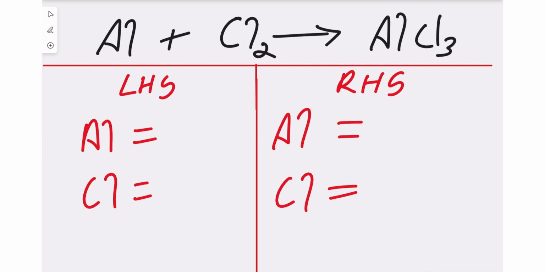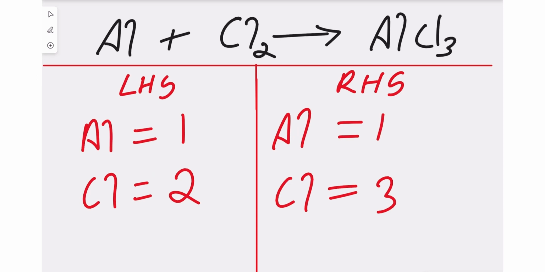Balancing this equation, which is Al plus Cl2 gives AlCl3. So on balancing this equation, we're going to be writing the number of atoms on the left hand side and right hand side of each element, which is Al is 1 and Cl is 2, and on the right hand side Cl is 3 and Al is 1.